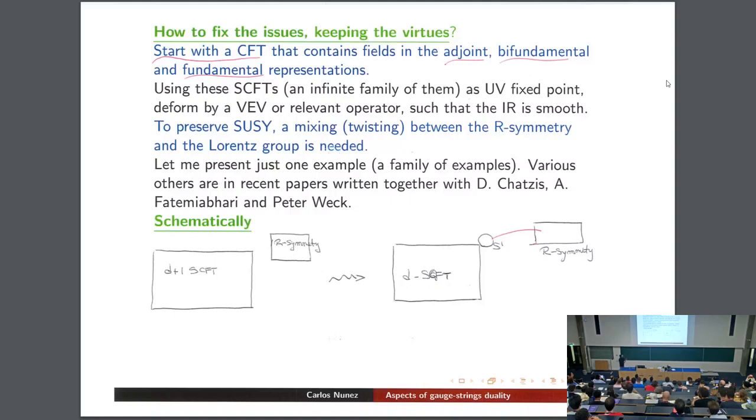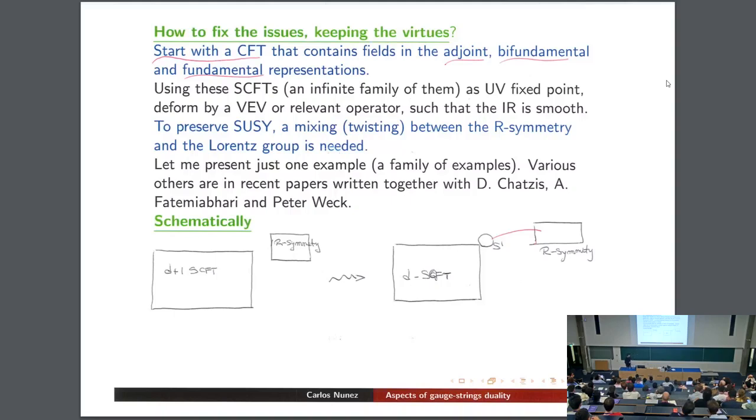And the idea will be to start with a CFT, actually a family of CFTs, that contains fields in the adjoint, in the bifundamental, and in the fundamental representations. These are well-defined UV fixed points.